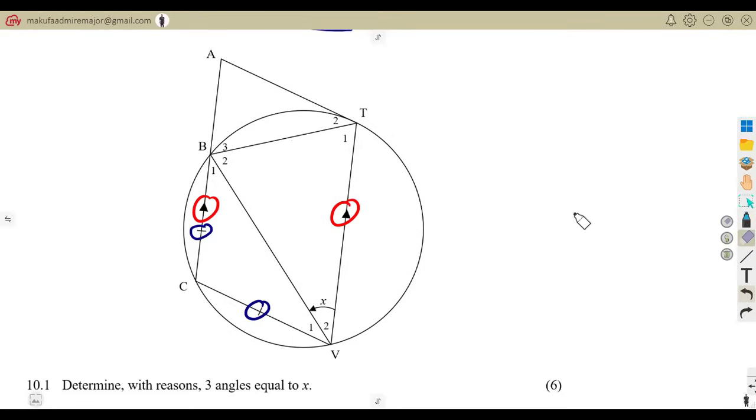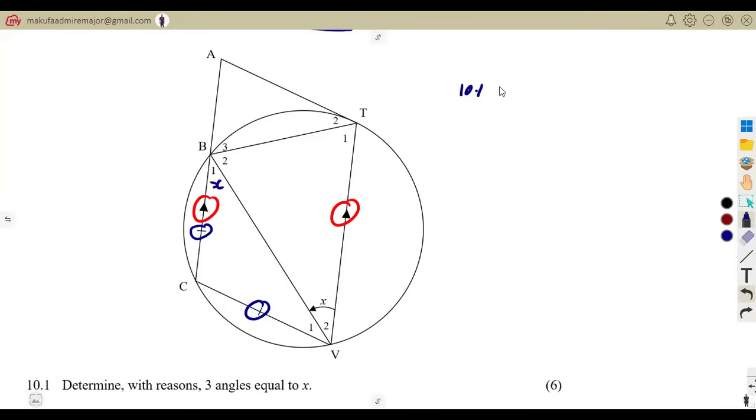So if we have that Z or the N that is being created here, we can say the angle at B1 and the angle V2 are equal. So this B1 is also equal to X. Alternate angles, they are parallel lines there. All right, so that's 10.1.